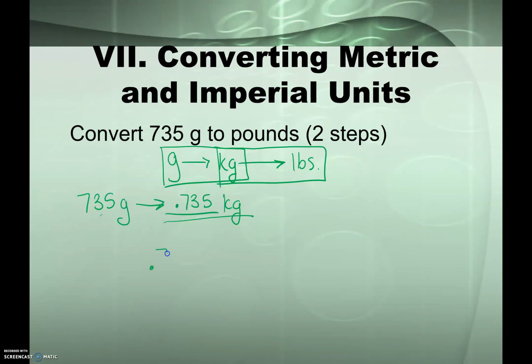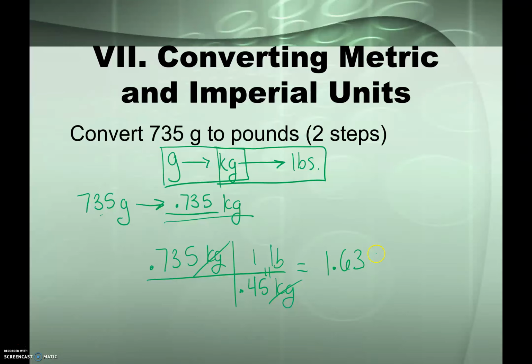So if we take 0.735 kilograms, and we know that 0.45 kilograms is equal to 1 pound, we plug that into our calculator because 0.735 times 1 is just 0.735, and we can cancel our units here. Our final answer is 1.63 pounds.